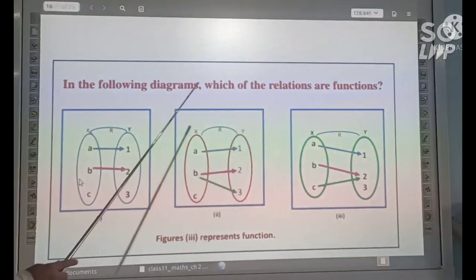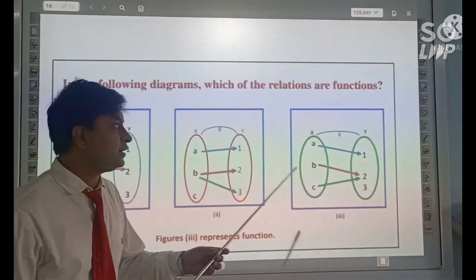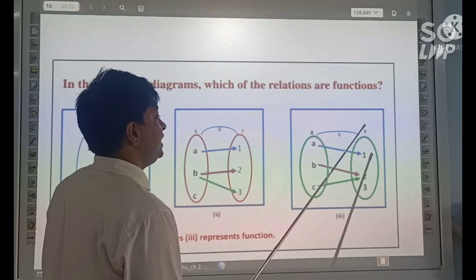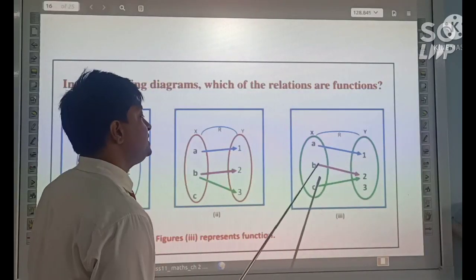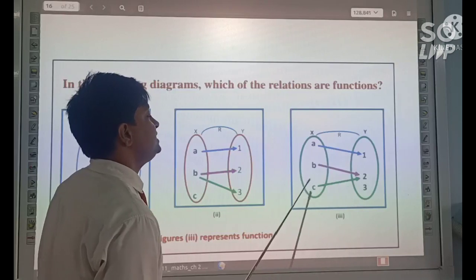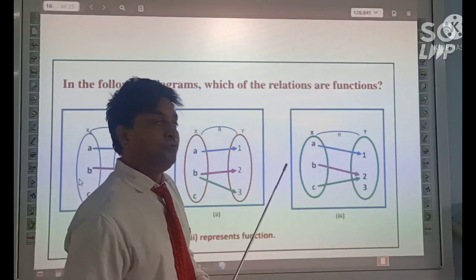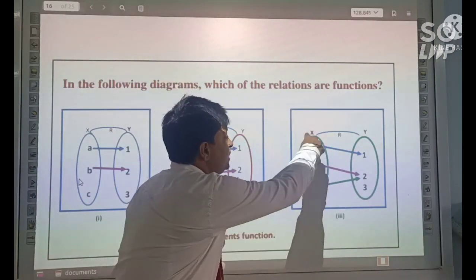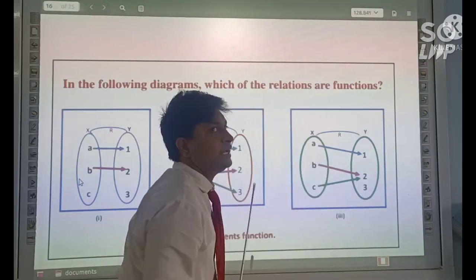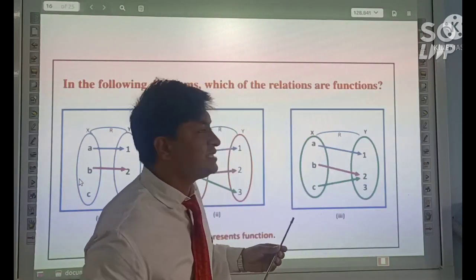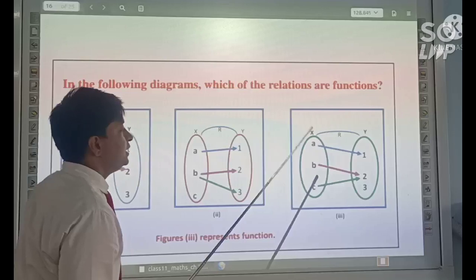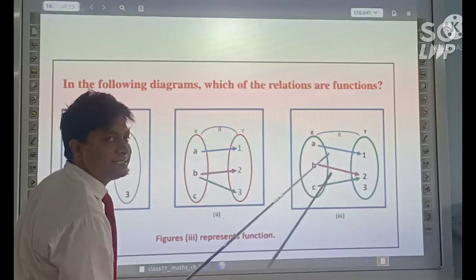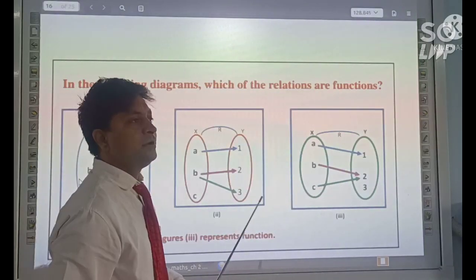Then we say that this is not a function. Now in the third part, A is related to 1, B is related to 2, C is related to 3. We can say that all the elements are used in this situation. And the second part is many-one.